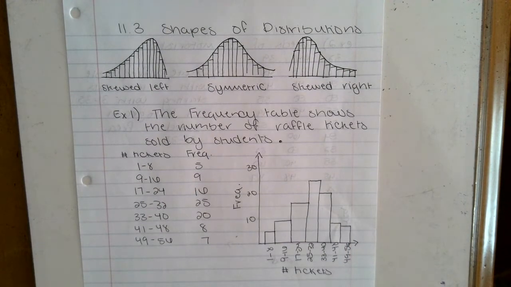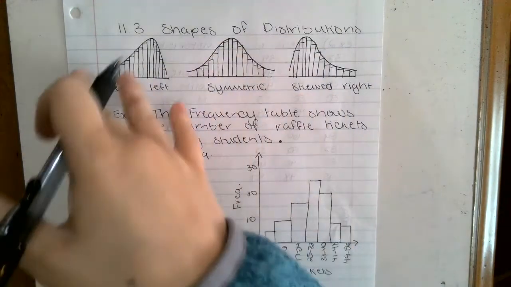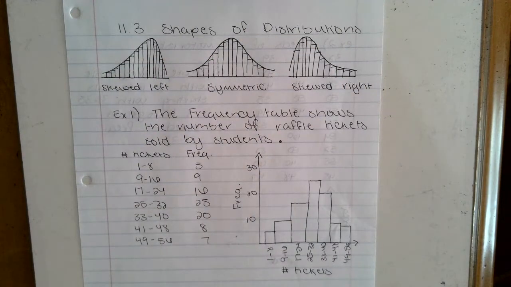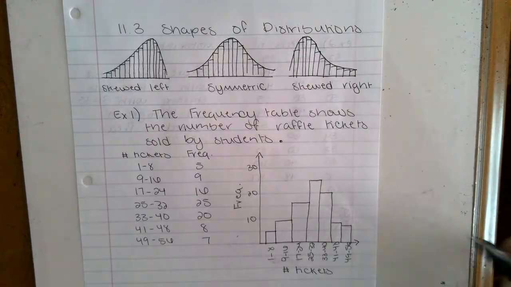All right, so if we were to analyze this distribution, looking at the three options we have up here, obviously data in real life is not going to be perfect. You're not necessarily always going to see a perfect symmetrical graph. So what you want to do is look for any tails that you might have.